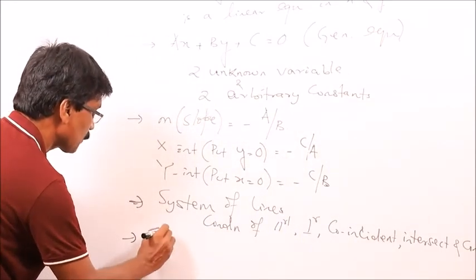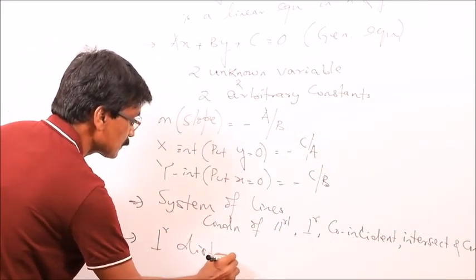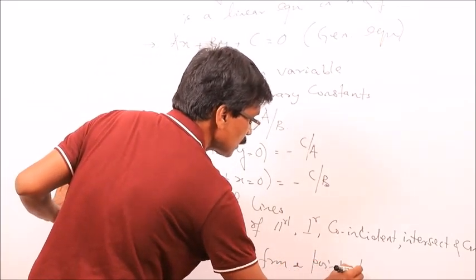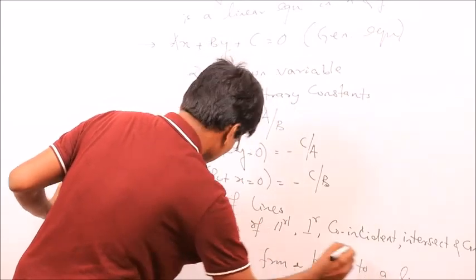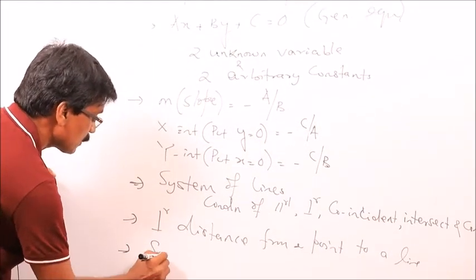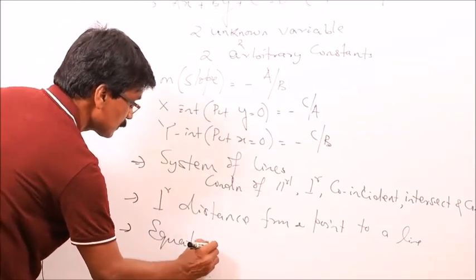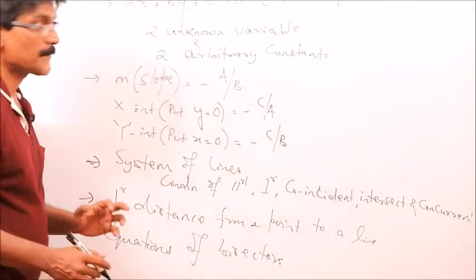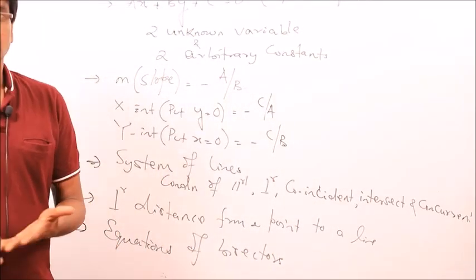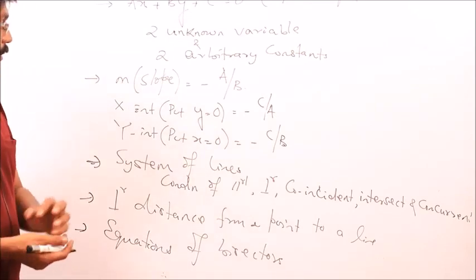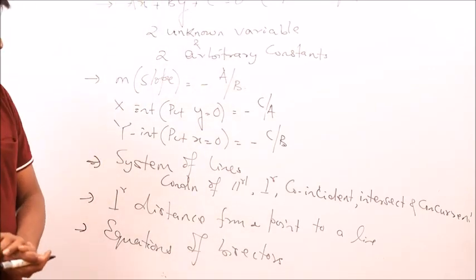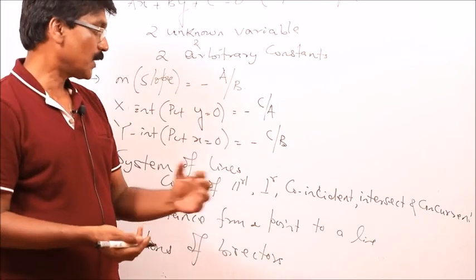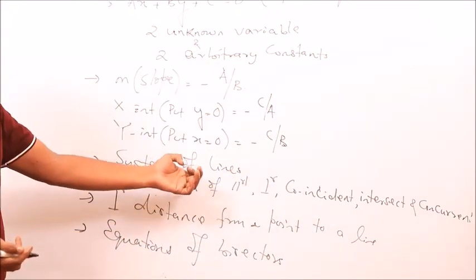Next we have perpendicular distance from a point to a line. Finally, we have equation of bisectors. So, this is all about straight lines, and we can have a system of lines.